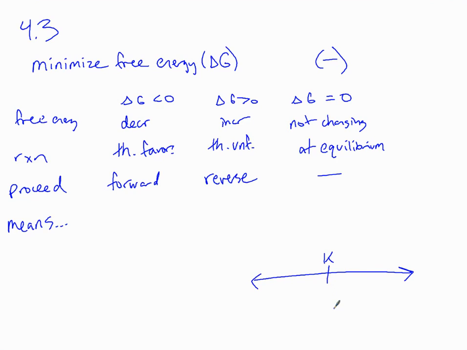This is the equilibrium constant. What happens if Q is less than K? Well, Q on the number line is always trying to get to where K is. And if you follow this arrow, it's proceeding in the forward direction, which means that Q is less than K.